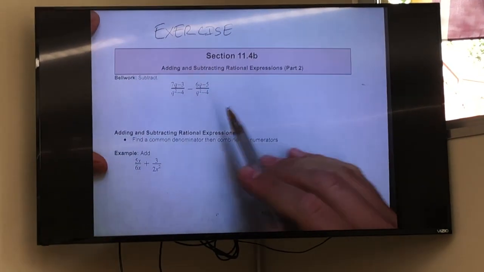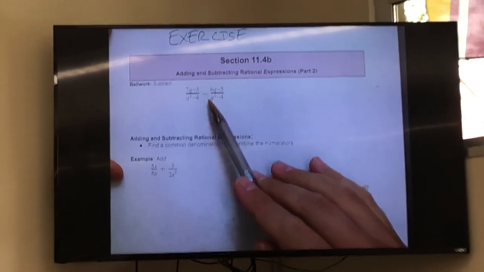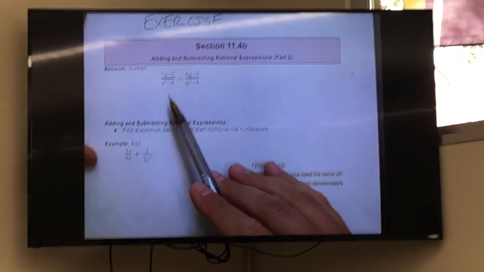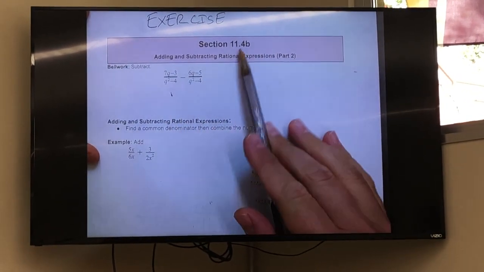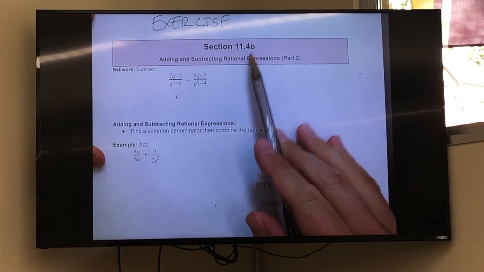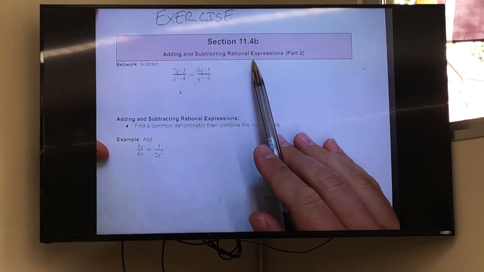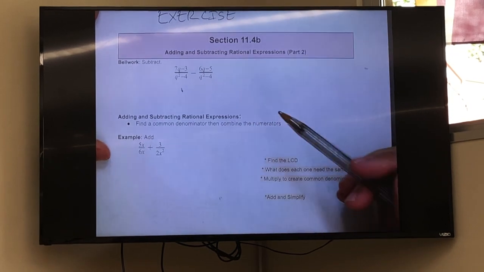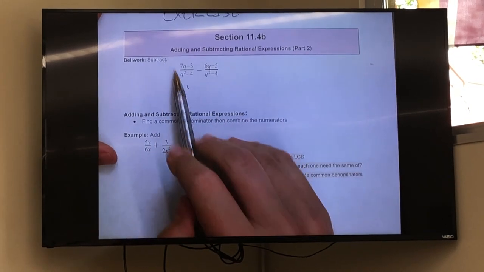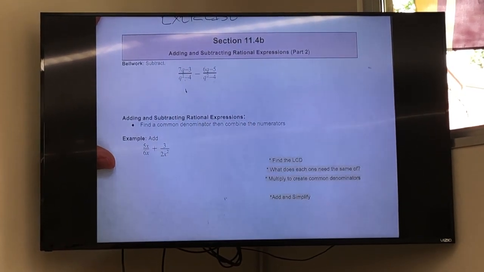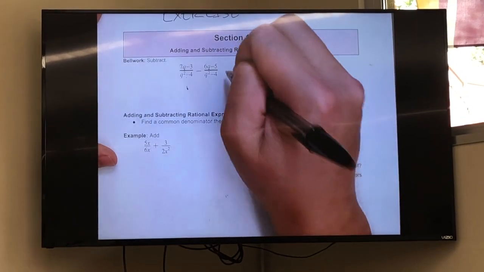Okay, so pretty tough lesson today, but we're going to review the bell work and then go into the new part of 11.4, part 2, adding and subtracting rational expressions. What Miss May taught you in the last video is that they already have a common denominator, but we are going to go ahead and factor it first.